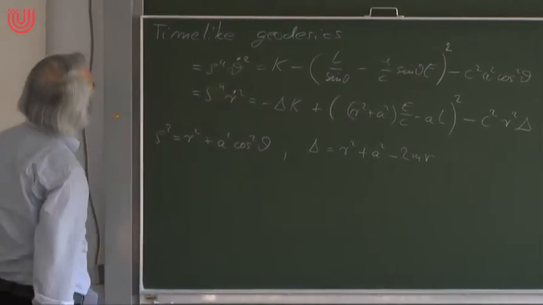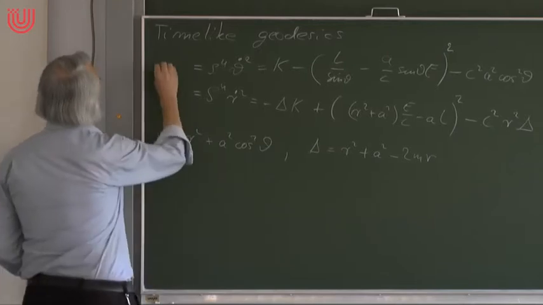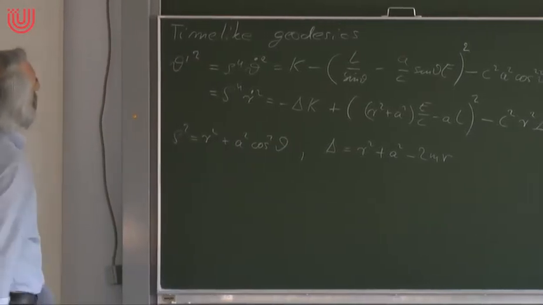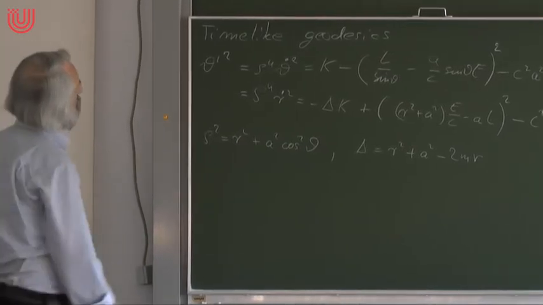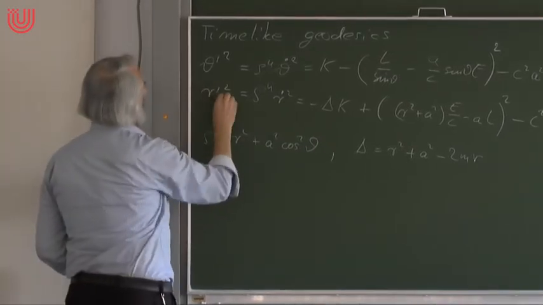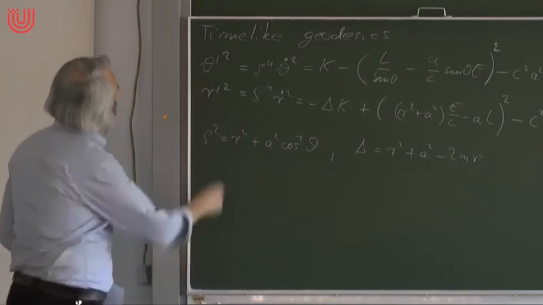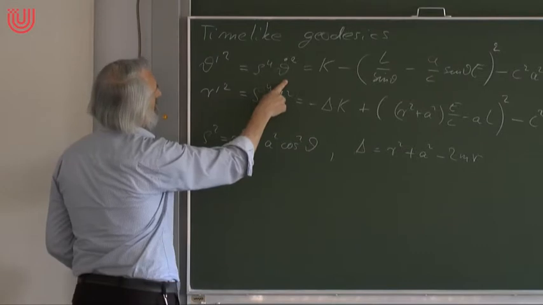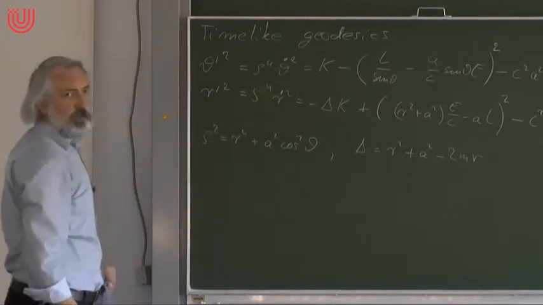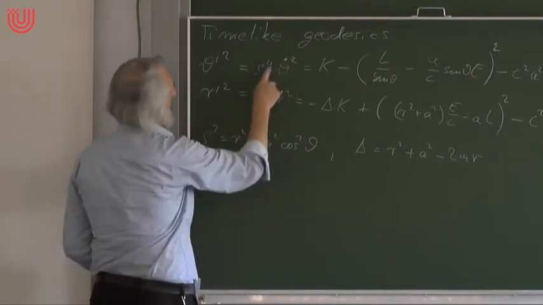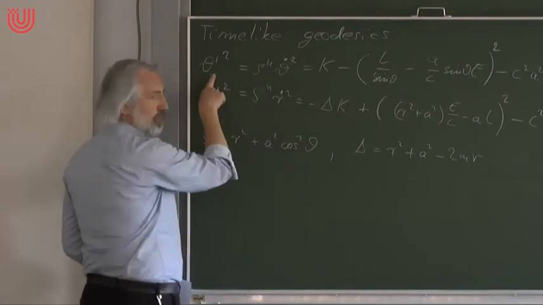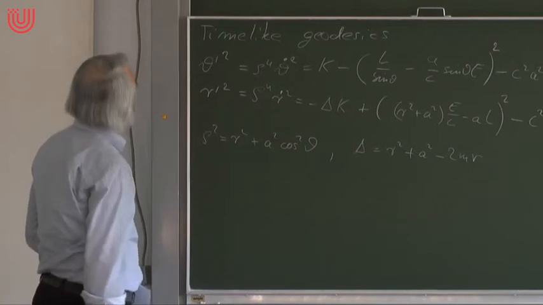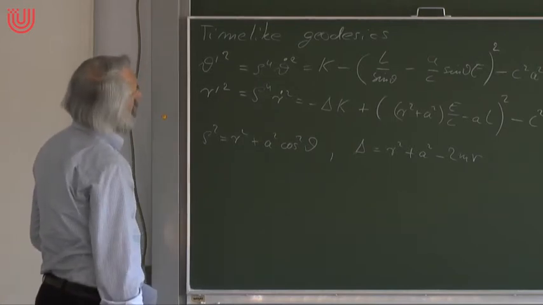You can get rid of this coupling by introducing the so-called Mino parameter. I denoted the derivative with respect to the Mino parameter by a prime, and then the equations look like that. The prime is defined by the property that it is a dot multiplied with rho squared: d by d tau, that's a dot, times rho squared is d by d lambda. Lambda is the Mino time. So then we have the equations completely decoupled.